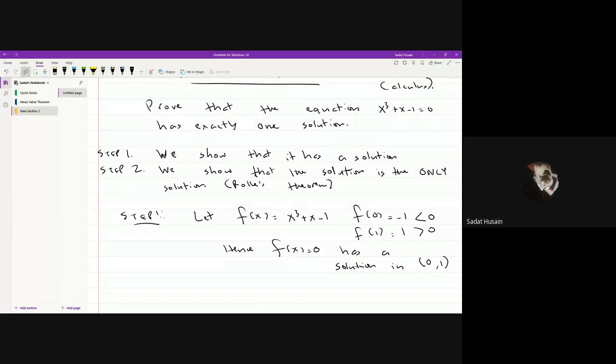If f of 0 is -1 and f of 1 is +1, so there's a solution in 0, 1. Do you agree with me?